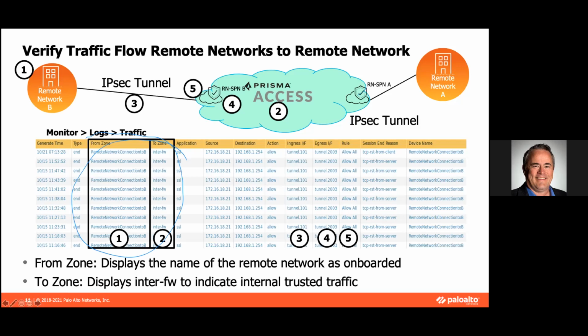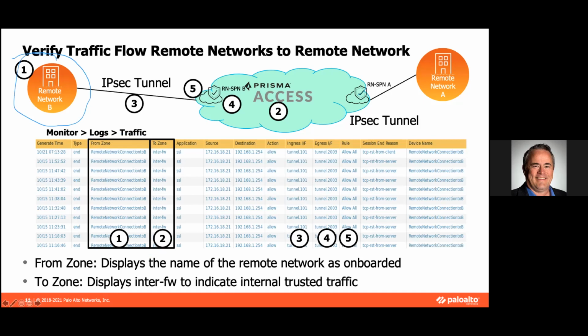But unique to Prisma Access is the from zone when we are looking at traffic from remote networks. So let's take this scenario here, where we have traffic here on the left coming from a remote network that we call remote network B.